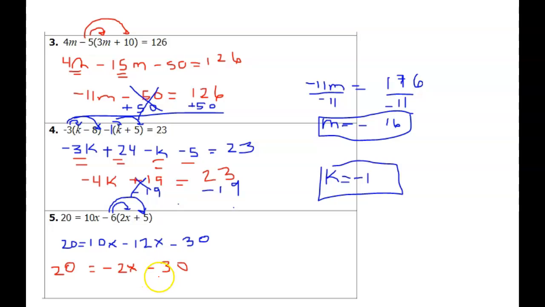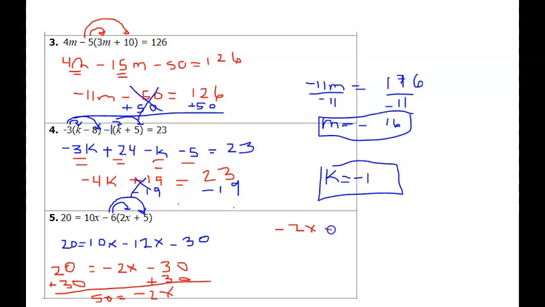We're going to get rid of that 30, so I'm going to add 30 to both sides of the equation. I end up with 50 equals negative 2x. Now I'm going to say I got negative 2x.